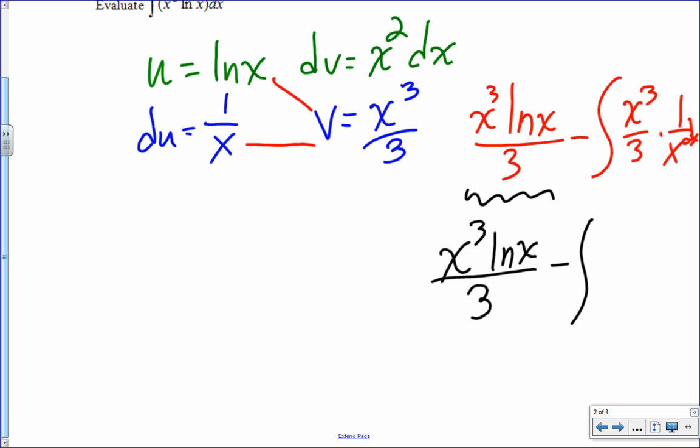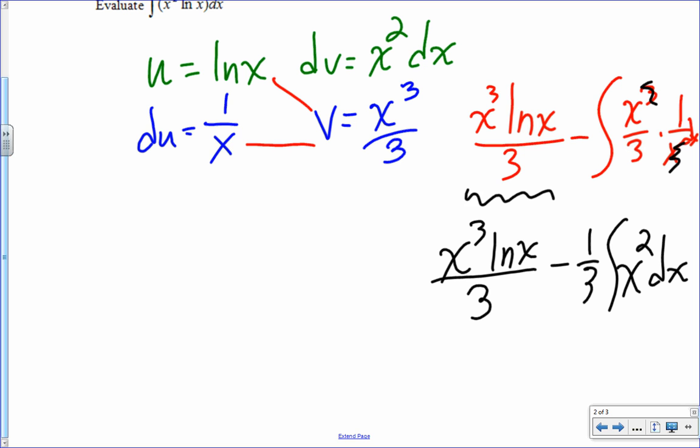What's really in here then? x, yeah, because this x cancels with one of those. So x squared over 3, or really I could put the 1/3 out front if you want me to. Would you prefer the 1/3 was out front? Okay. 1/3.